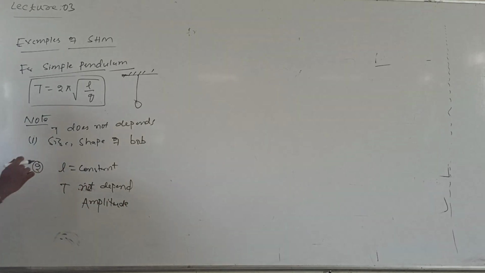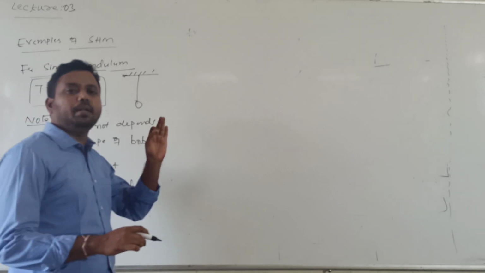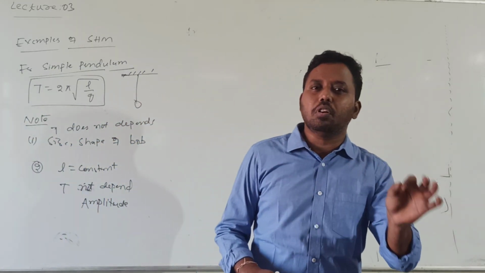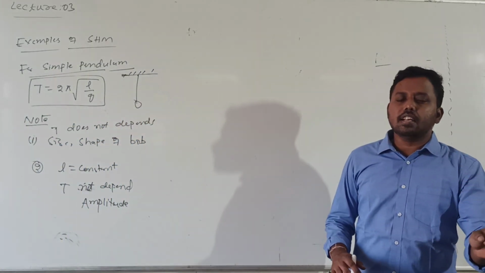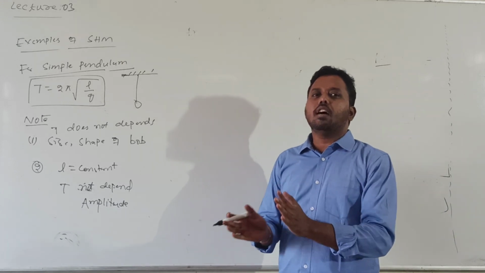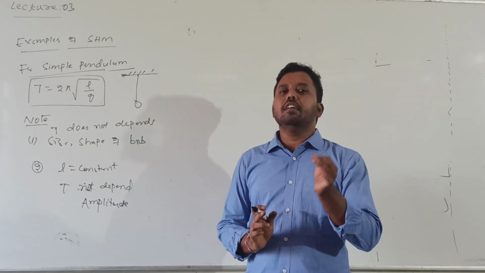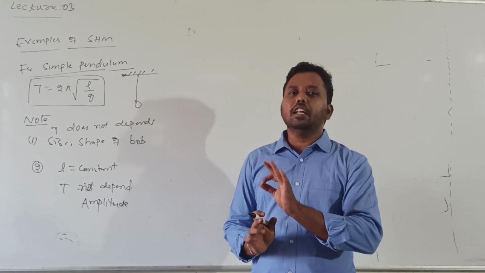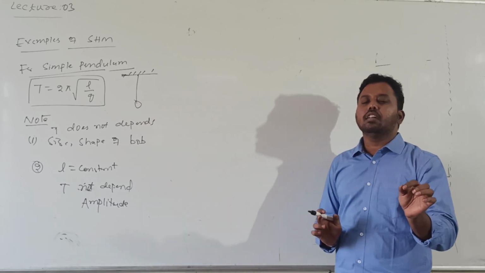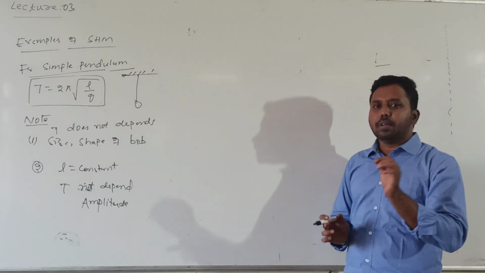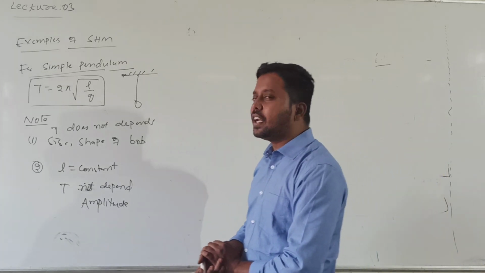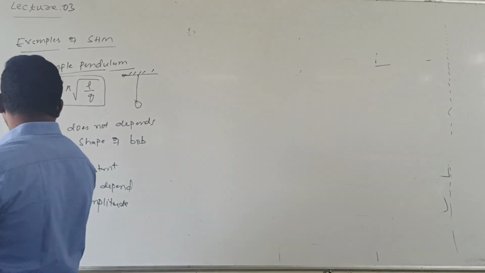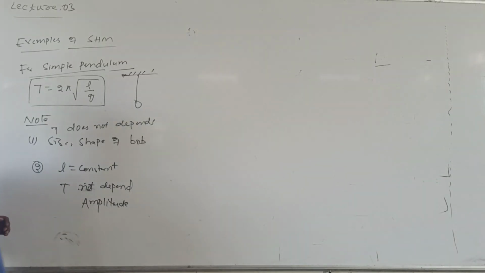But remember, all oscillations of a simple pendulum are not simple harmonic. Only those oscillations with small amplitude are simple harmonic. Whenever the length of the pendulum is constant, the time period of a simple pendulum does not depend upon amplitude of vibration. Second point clear? T value does not depend upon amplitude of vibration.